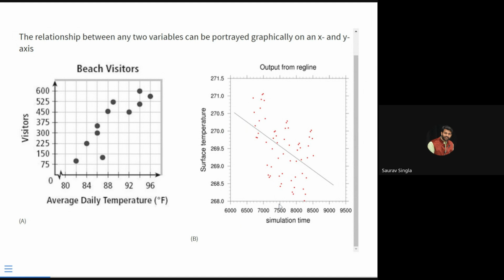But when you increase the simulation time from 8000 to 8100, in case of a linear relationship, we expect that the decrease in y will still be 0.5 only. But in case of a non-linear relationship, it is not constant.